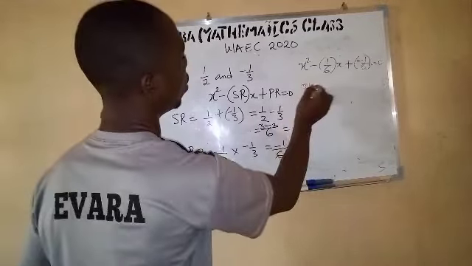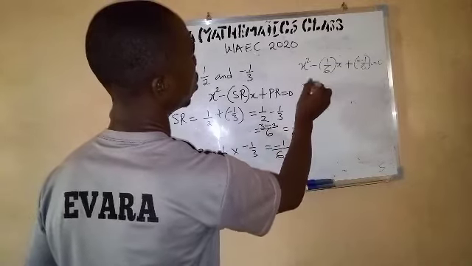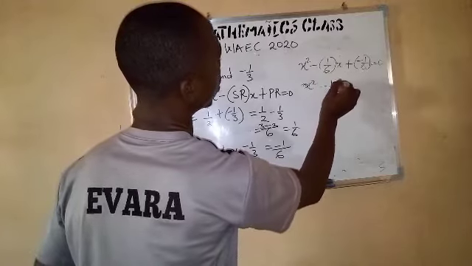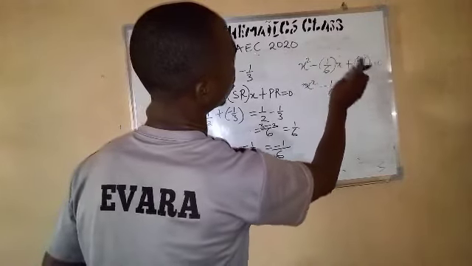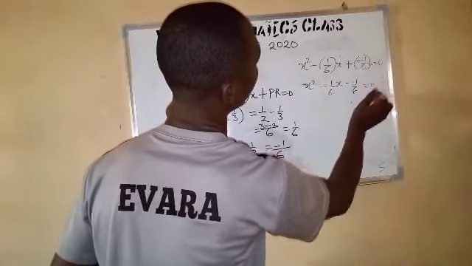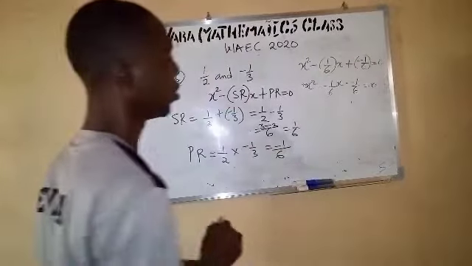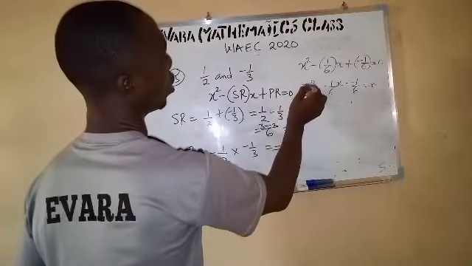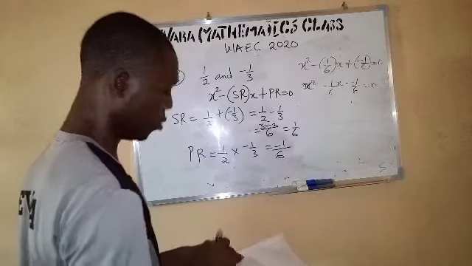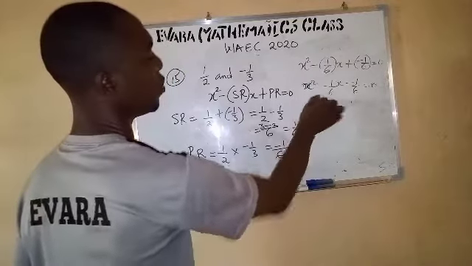So if you open the brackets, we have x squared minus 1 over 6 x, plus and minus is minus 1 over 6 equals 0. And now, for us to clear the fractions, we multiply both sides by the LCM, and the LCM is 6.